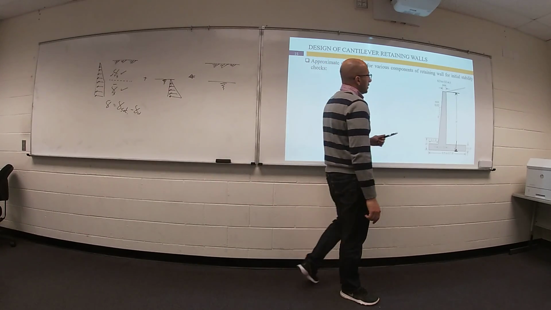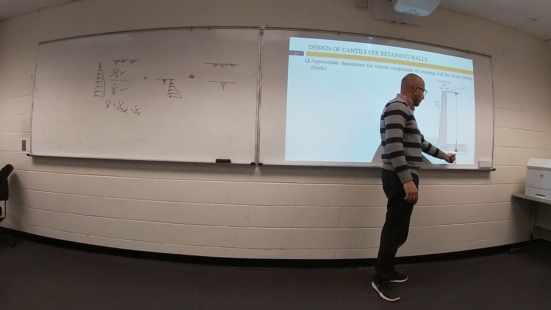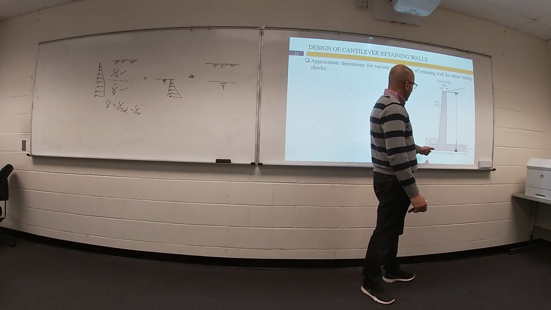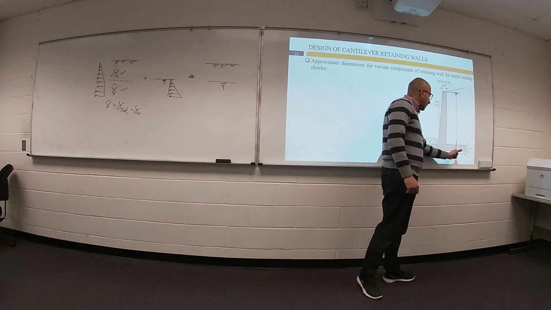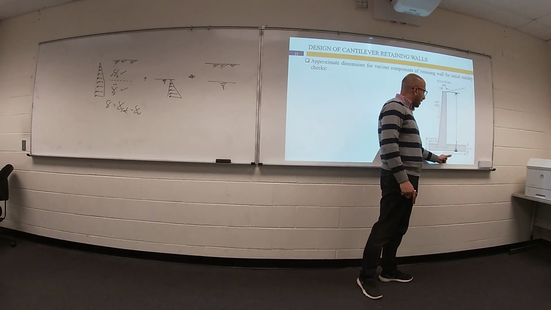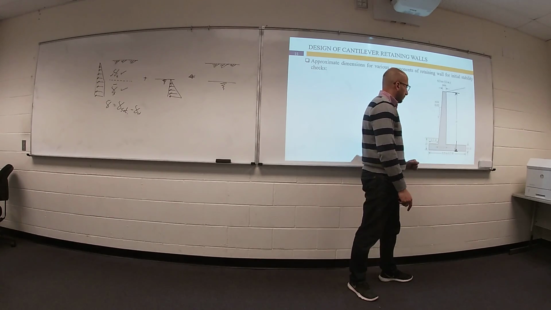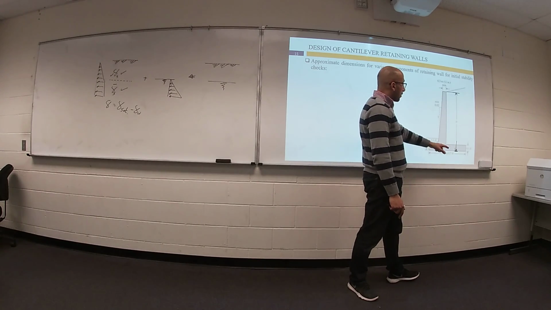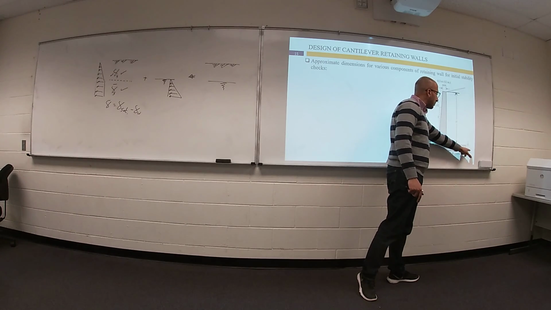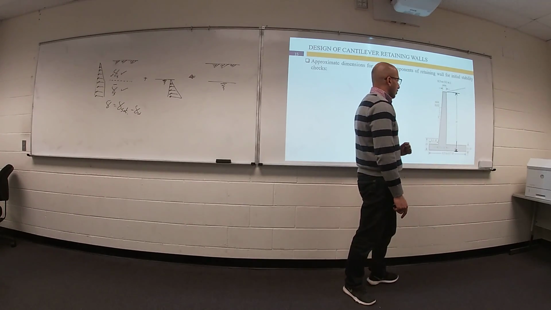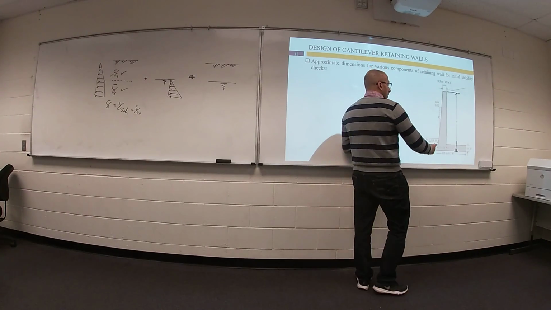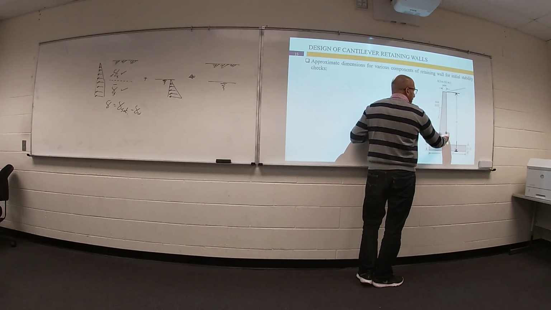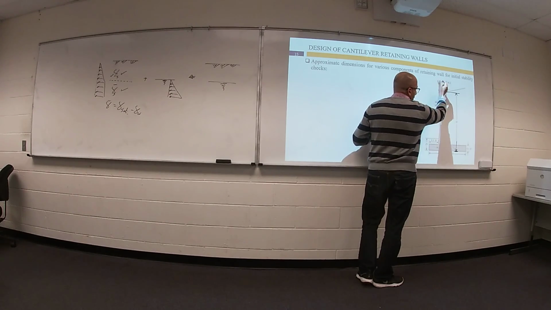So if the total height is h, I can assume the total length of the footing something between 0.5 to 0.7 h. I can assume the thickness of this footing something around 0.1 h. If the stem is sloped like this, we have variable thickness.